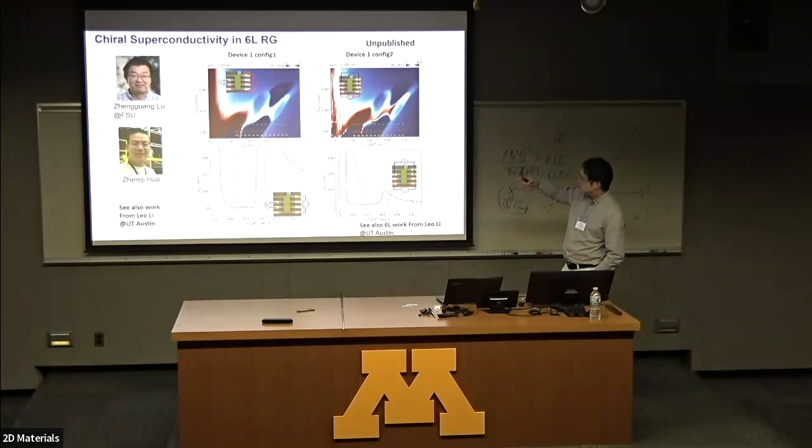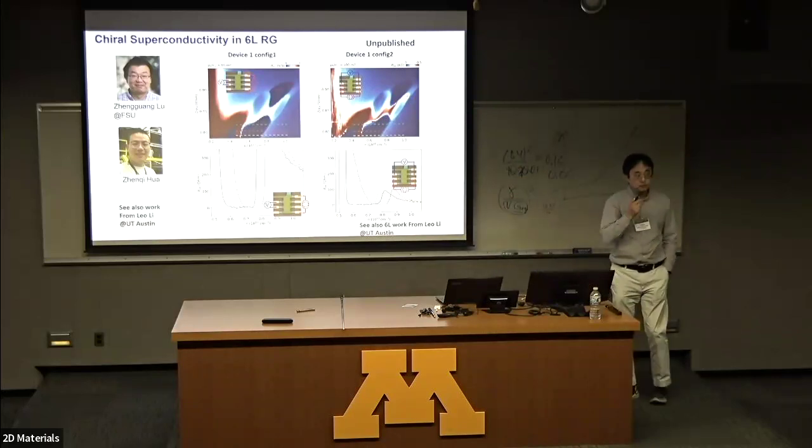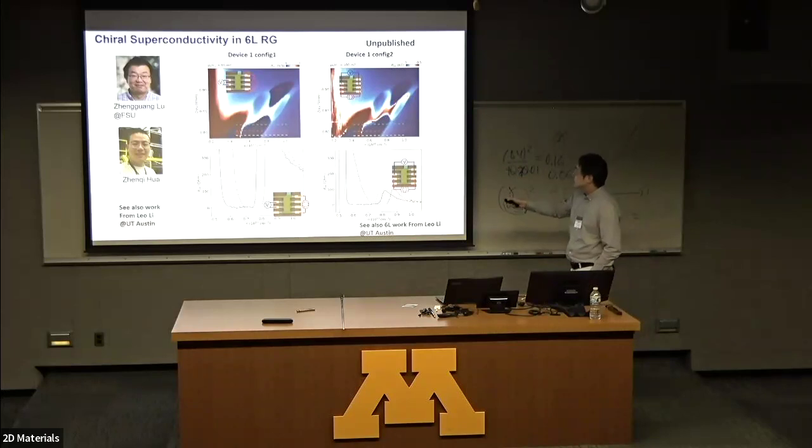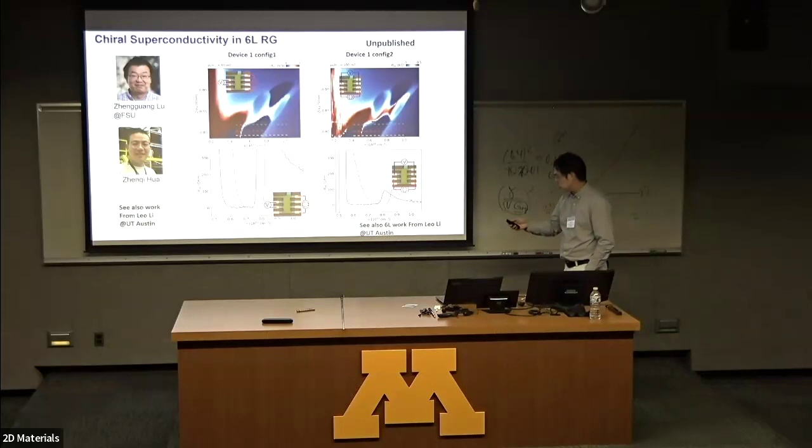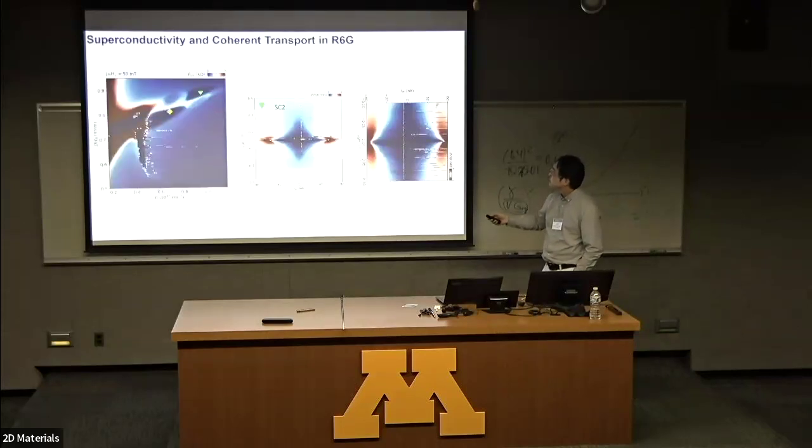But within this device, no matter which direction we pass the current, we can measure resistance goes to 0, which doesn't seem to have the assumption, right? But the existence of SC1 and SC2 were also reproduced in Leo's experiment. It's just we don't seem to have that isotropy or stripe order superconductivity.